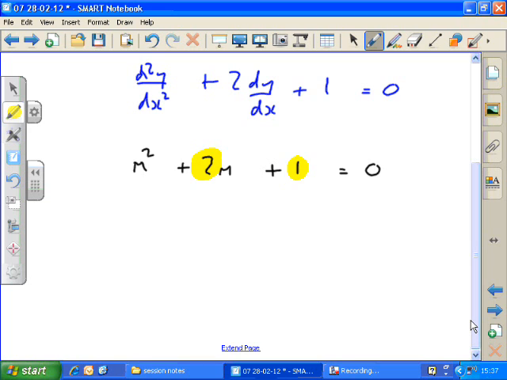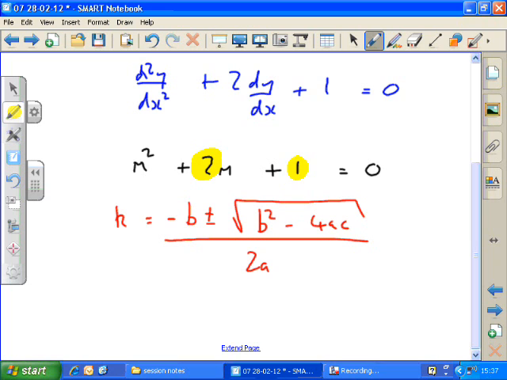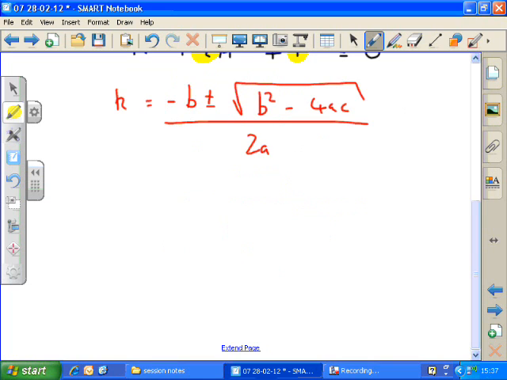The quadratic formula, k is our roots, equals minus b plus or minus the square root of b squared minus 4ac all over 2a. So in this case, a equals 1, b equals 2, and c equals 1. So let's put these numbers into the formula.